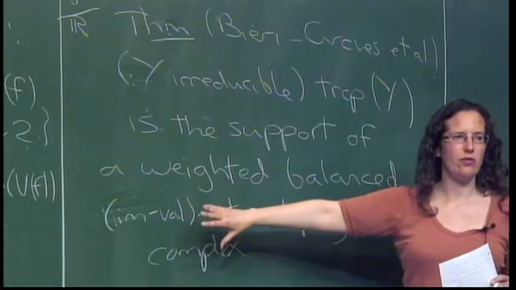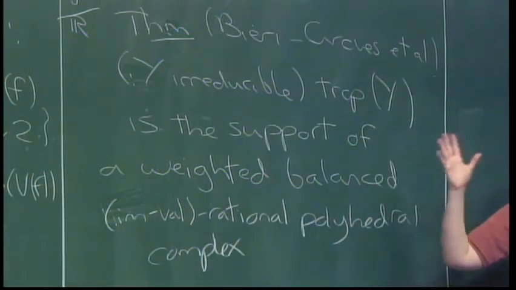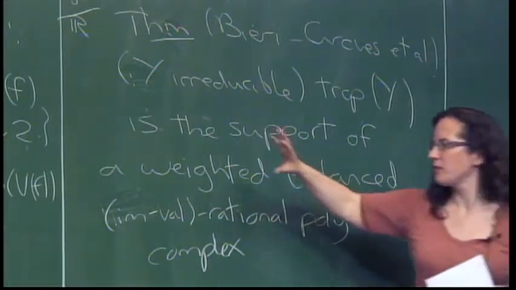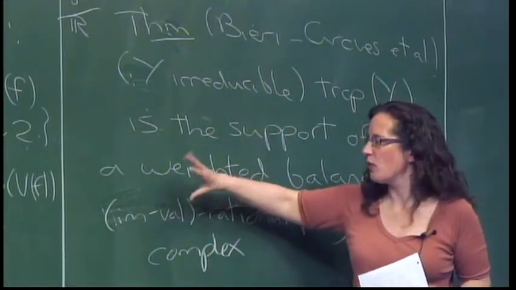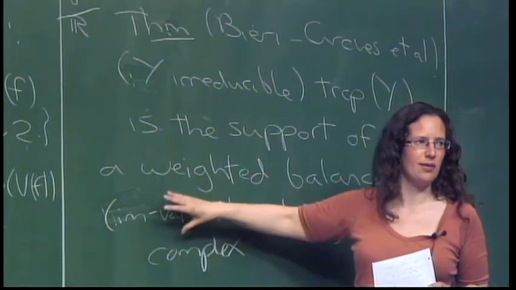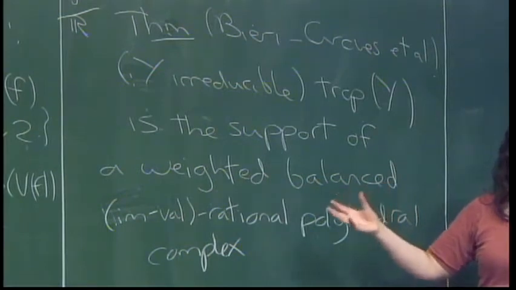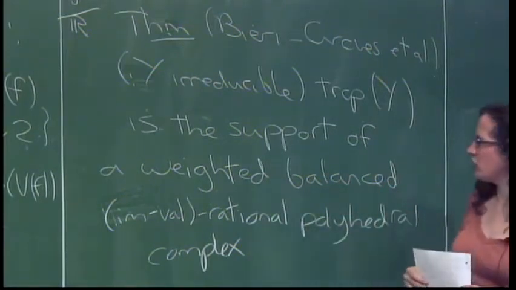So by inval rational, we have a polyhedral complex where all the facet directions are rational, but the vertices, up to waving my hands, can be in the image of the valuation. So I might have real entries for the vertices of my polyhedra, but my facet directions are rational.